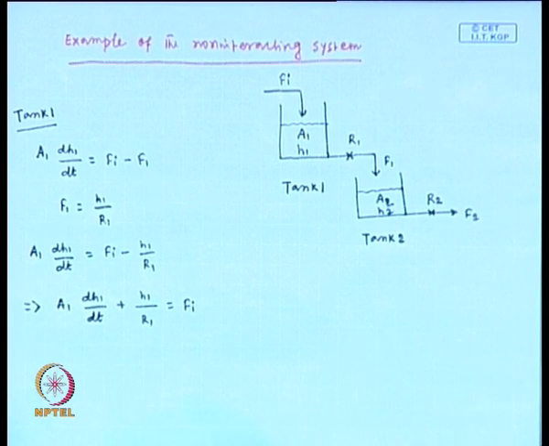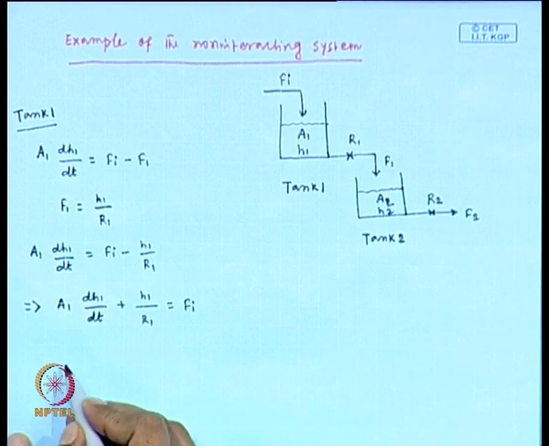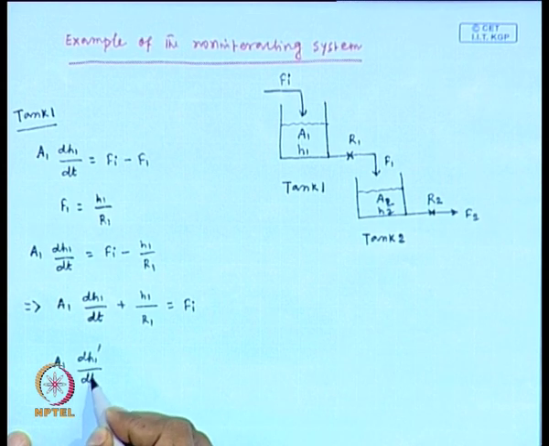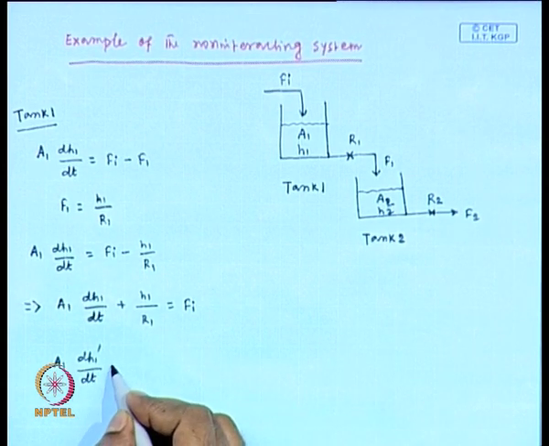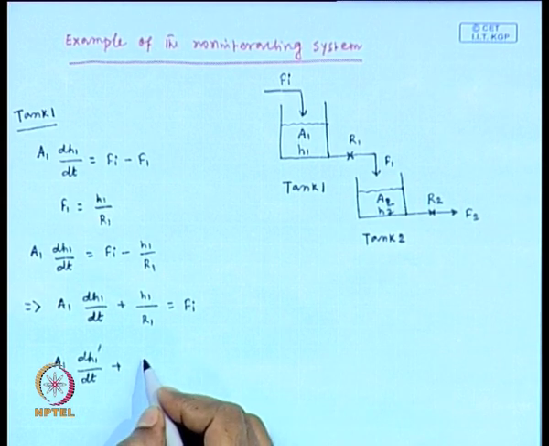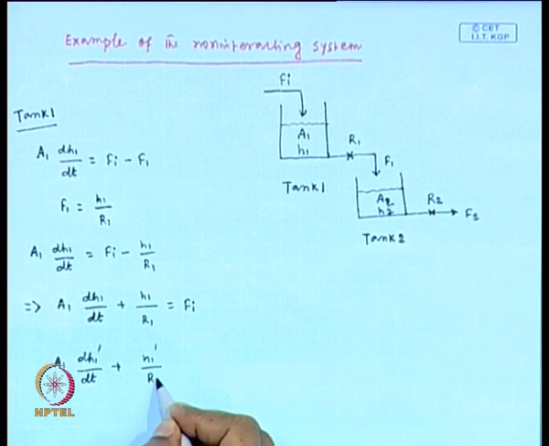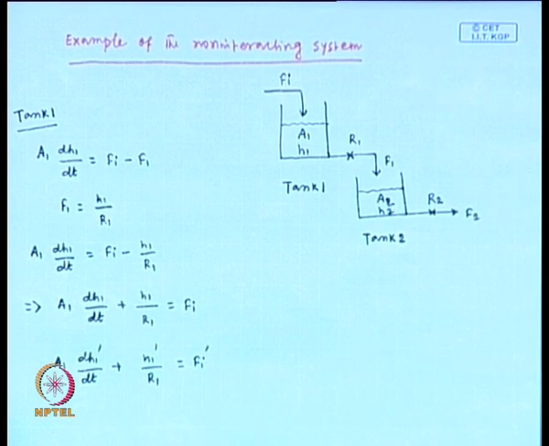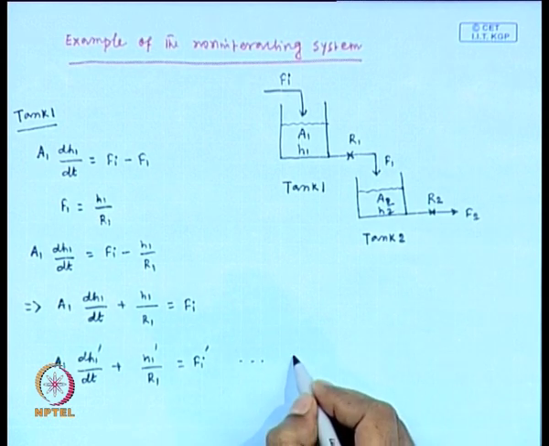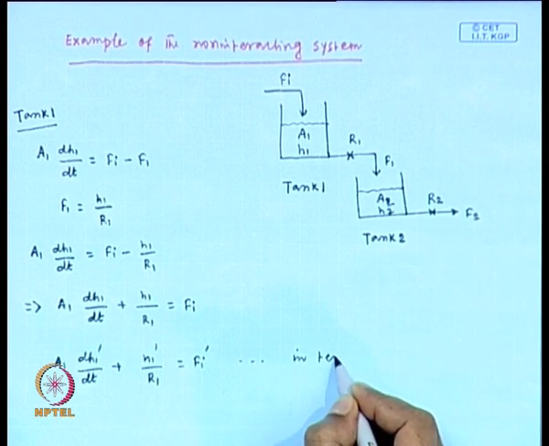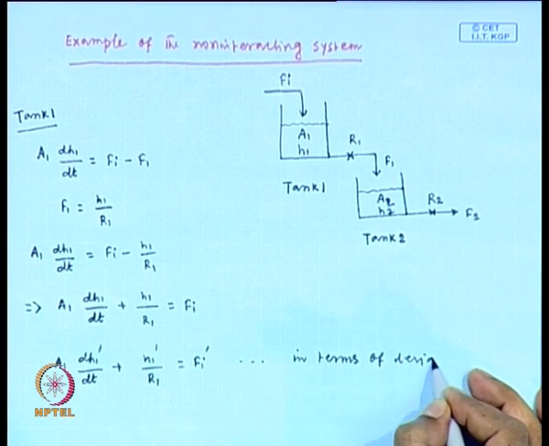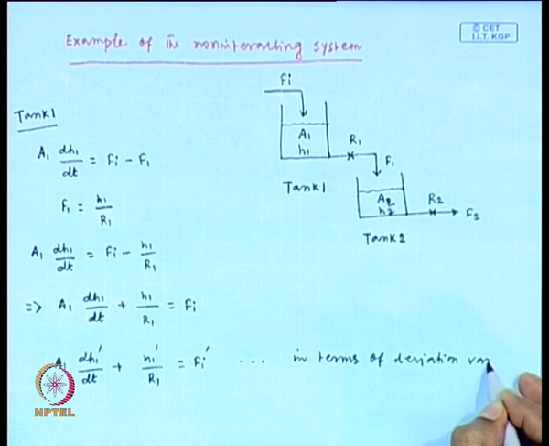Now, if we write this equation in terms of deviation variables, then we obtain a1 dh1 prime dt plus h1 prime divided by r1 equals fi prime. This is the modeling equation in terms of deviation variables.